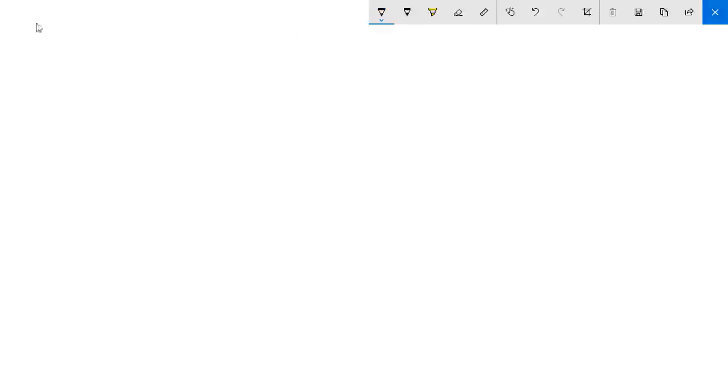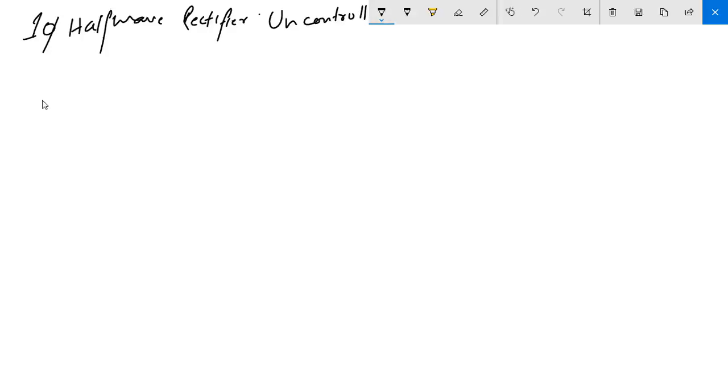Single phase half wave uncontrolled rectifier, but the load is an L load.